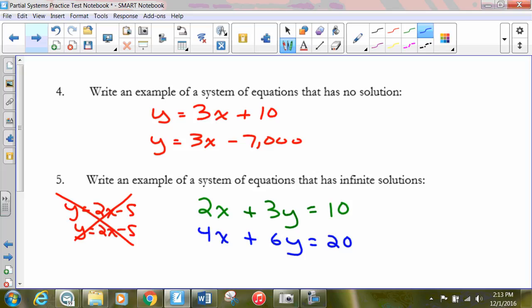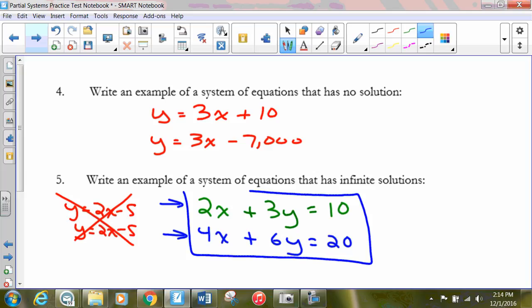The line in the blue looks different than the equation in the green, but we know they're exactly the same. If we took this second equation and divided each term by 2, we would be back to the first equation. So this would be an answer for this type of question. There's an infinite amount of answers for both 4 and 5, and everybody's answer is going to look different.